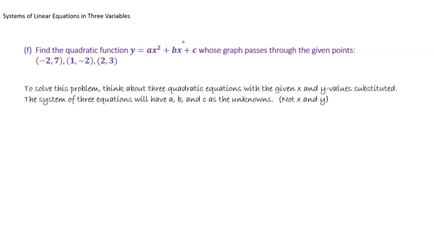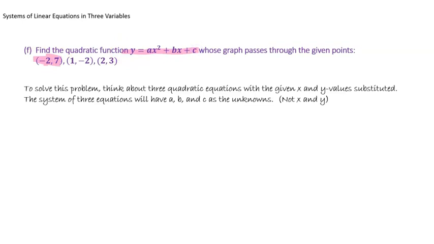It says to solve this problem, think about 3 quadratic equations with the given x and y values. They gave us x and y values. Substitute it in. That's your system that you want to solve for a, b, and c. So let's try it. First of all, I'm going to use negative 2, 7 right here and plug it in to y is equal to ax squared plus bx plus c.